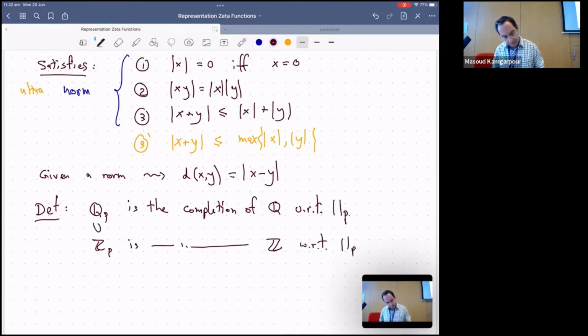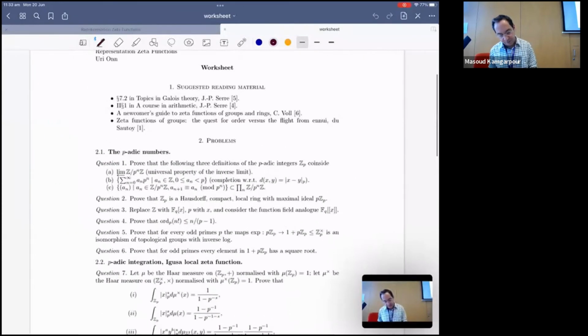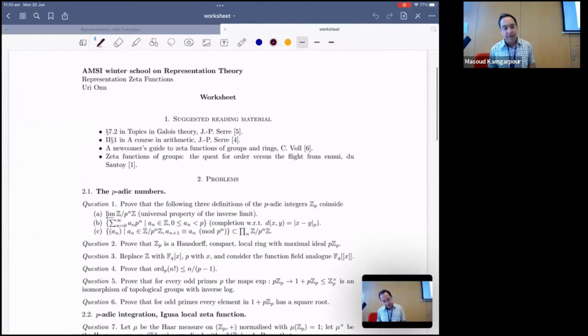So these sit inside Q_p. And this is really crucial to what we are going to do. And so I want to talk about it in more detail, and I want you to work hard on a few exercises related to this, to get a feeling of how it looks and what can be done with them. So here's your first exercise.